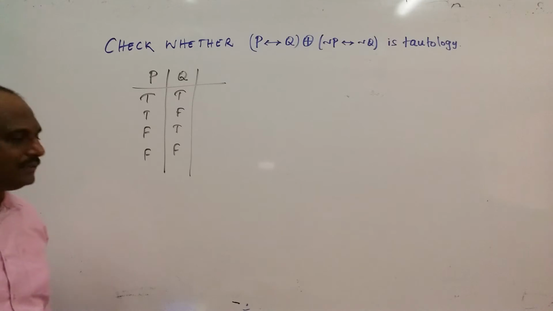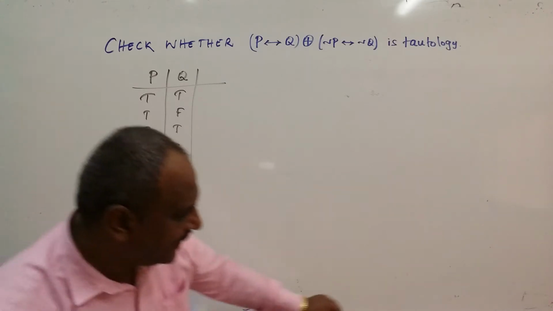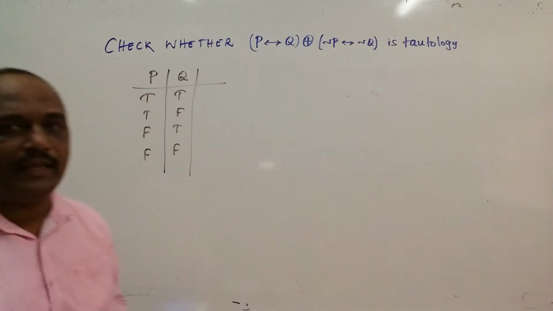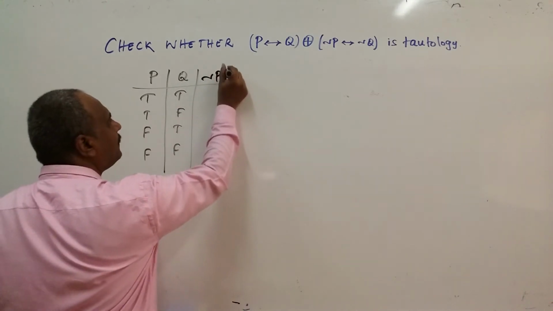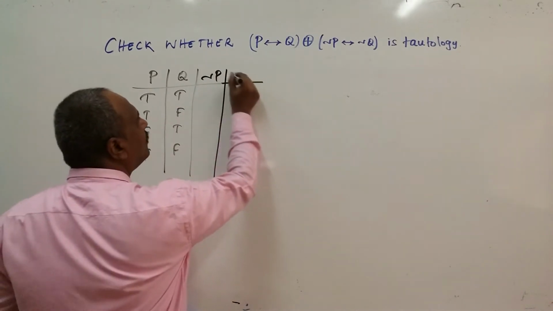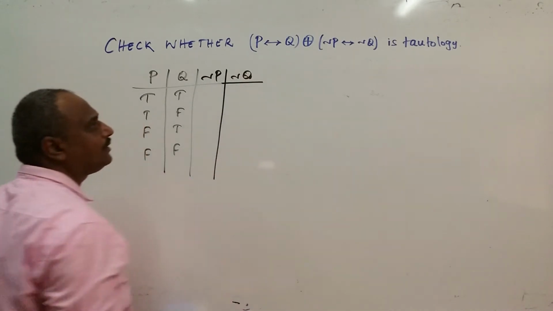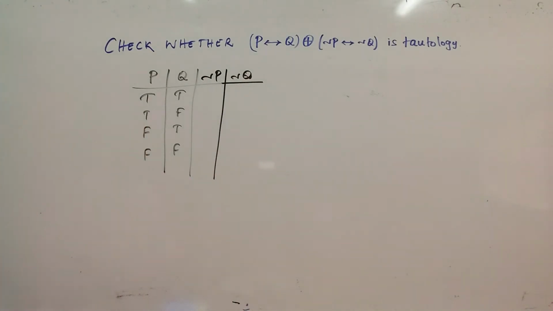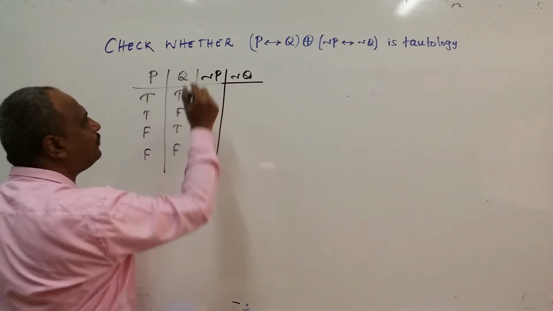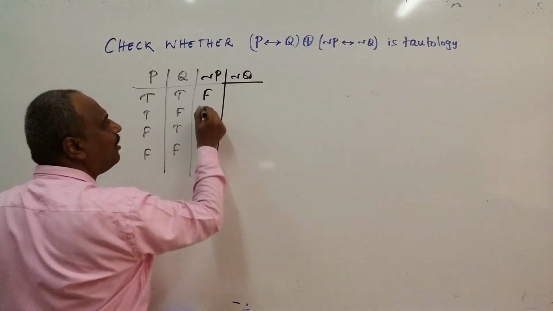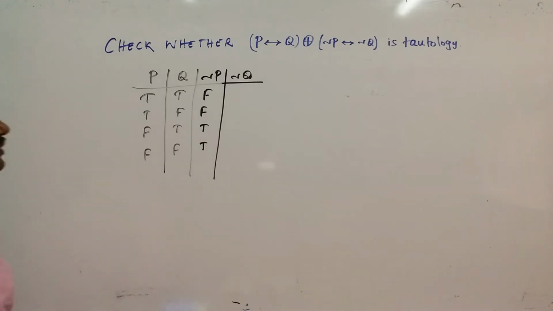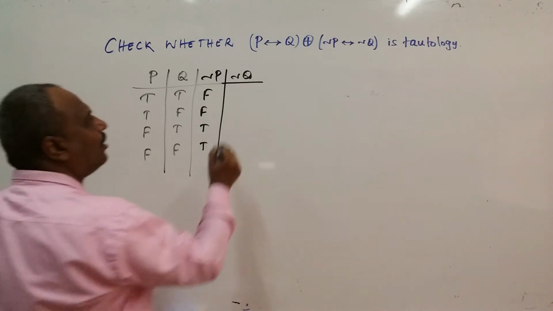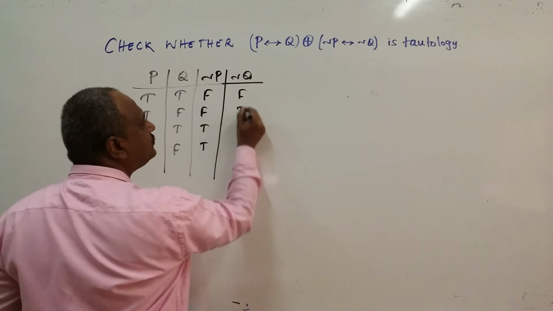Now using this, I am going to find what is negation P and what is negation Q. The meaning of negation P, I am going to find the opposite of P, so this will become false, true. Q, this will become the opposite, false, true.